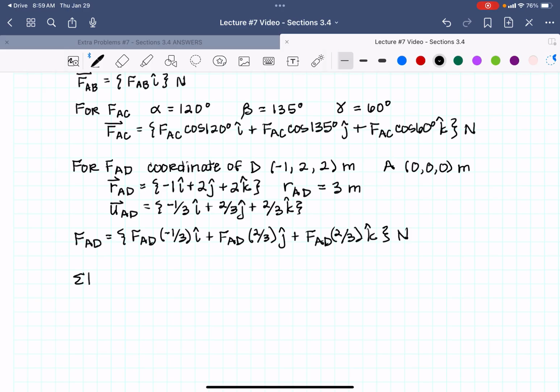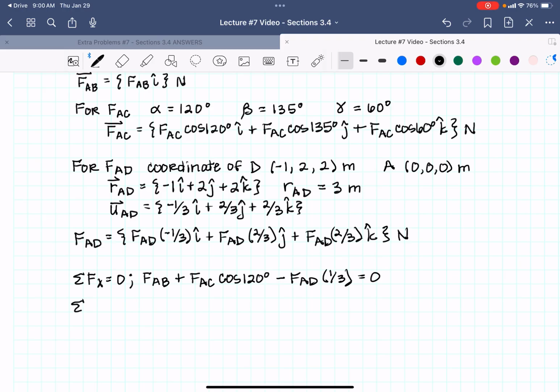So the sum of the forces in the x always equals 0 because we're in equilibrium. So I have FAB by itself. I have FAC times the cosine of 120. And I have negative FAD times 1/3. All of that equals 0.